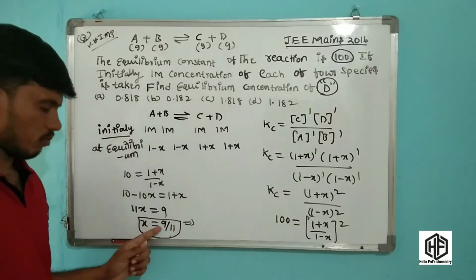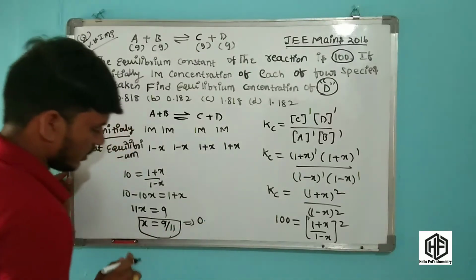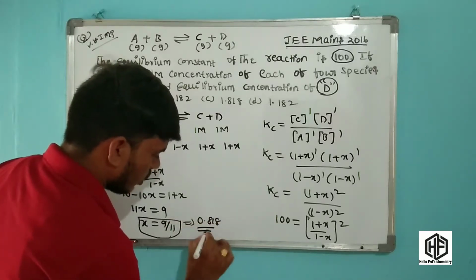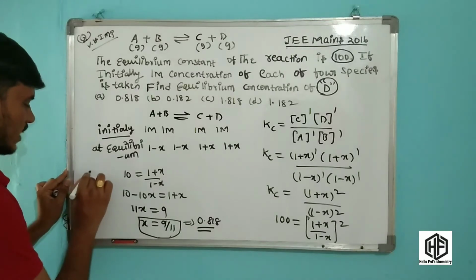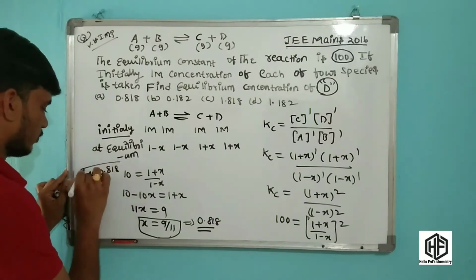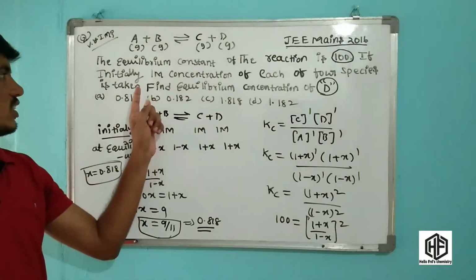Solve this, 9 by 11 is 0.818. The x value is 0.818. This is clear, friends. Now each of the 4 species is taken at 1 molar.